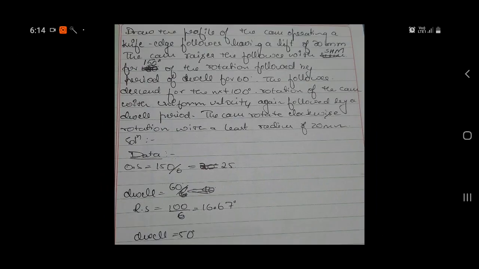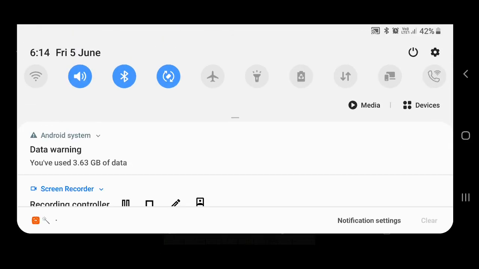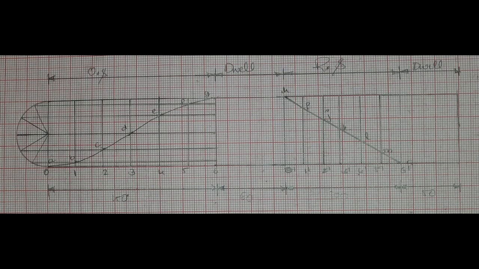So anyhow, first we will discuss, next we are going to discuss the construction of the displacement diagram. The majority of the time we are going to use graph sheet.